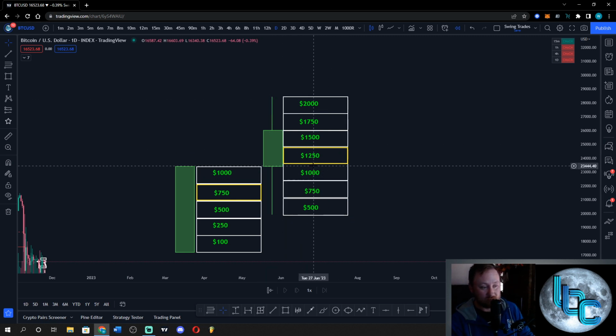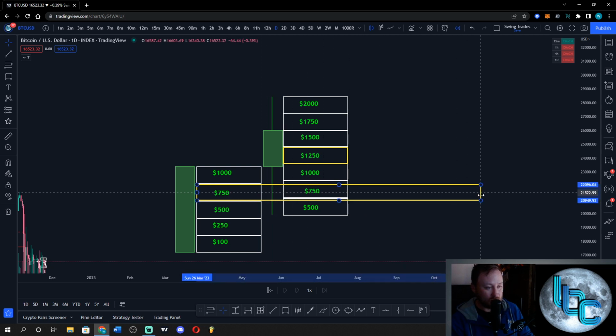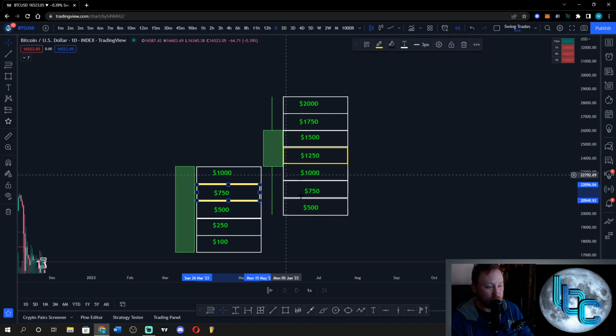So we could see this come back down, maybe even retest this point of control here. You could extend that out. But since we already wicked down into it and came right back up, maybe this can move to the upside.